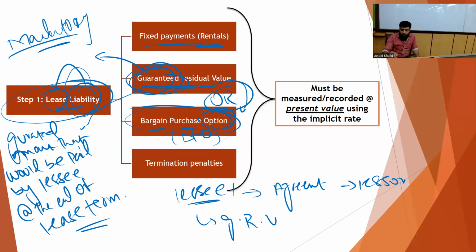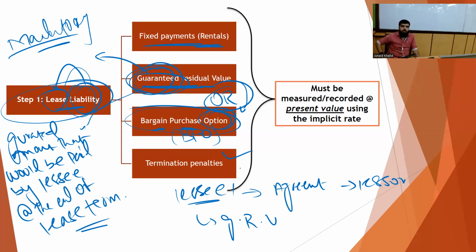Okay. The last component is the lease termination penalties. For example, the lessee thinks at the time of inception that there is a clause of penalty, that if the lessee has some breach of contract or agreement during the lease term, then the lessee would have to pay some penalties.